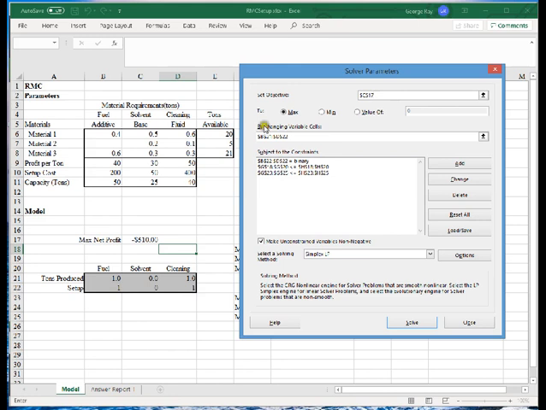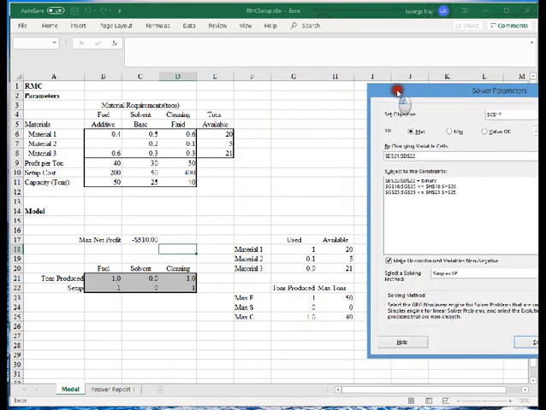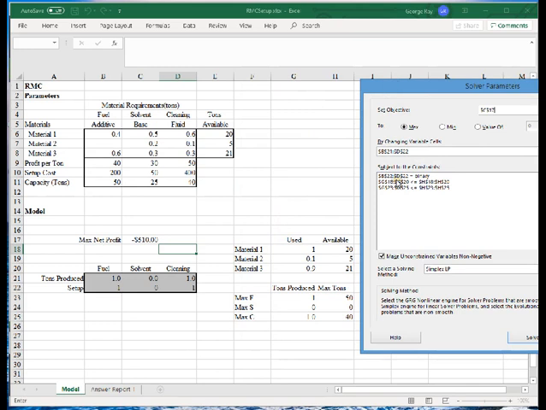We also have the constraints that G18 through G20, the amount of material used for each one of the materials, is less than the available tons for each material, and likewise that the tons produced is less than the capacity of tons that we can produce, which is G23 to G25 is less than H23 to H25.